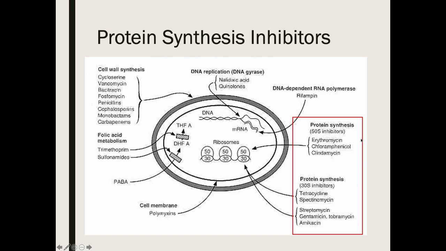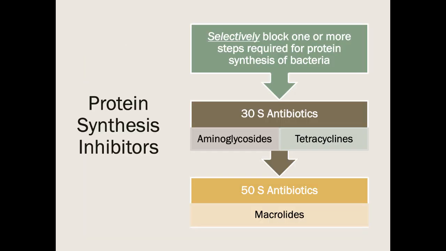Now we're going to move over to our protein synthesis inhibitors, still antibiotics. Instead of the cell wall, we're going after specific proteins, our 50S and our 30S proteins. And these proteins are required for bacterial synthesis.